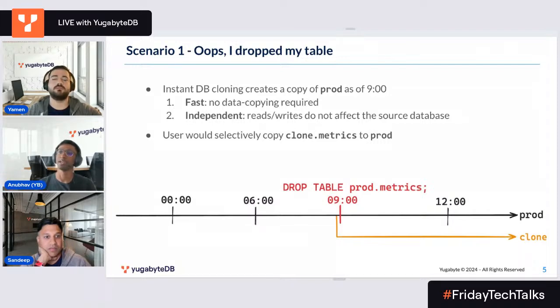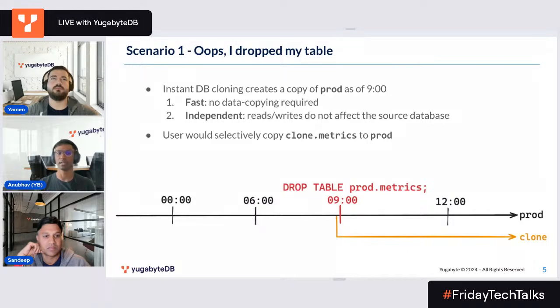But if we roll back just the metrics or just the customer data table, we've broken the user's own guarantee about a row being in both tables at once. So while we can't generically roll back just one table of the database, we have to roll back the whole database.